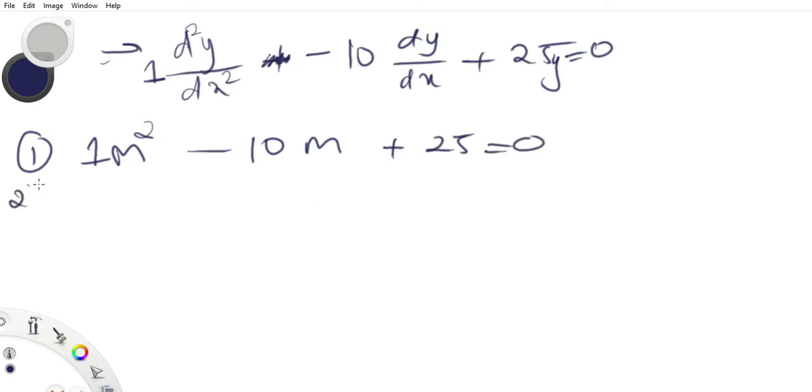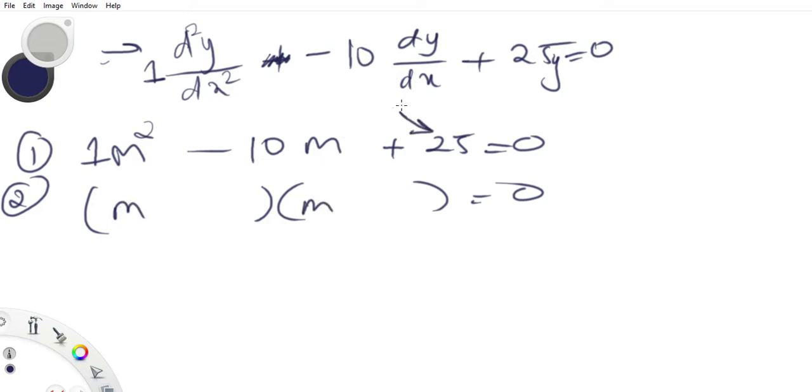Now the second step, we need to factorize this. This is how we get our roots. What we need is two numbers that when we multiply give me 25, and when I add give me negative 10. The only number that can multiply to give you 25 is 5, and they need to be negative to give you positive, and when you add them they give you negative 10. And so the solution is m equals 5 and m equals 5.